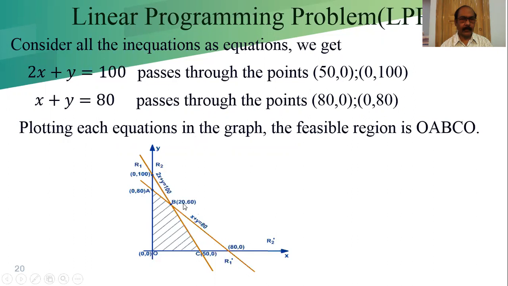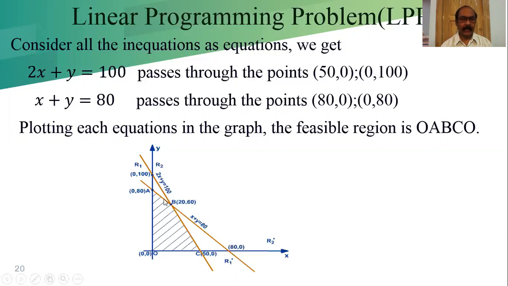And in this case, the feasible region is this side. The common portion is this, so this is the feasible region for this problem. OABCO is the feasible region after plotting these two lines.